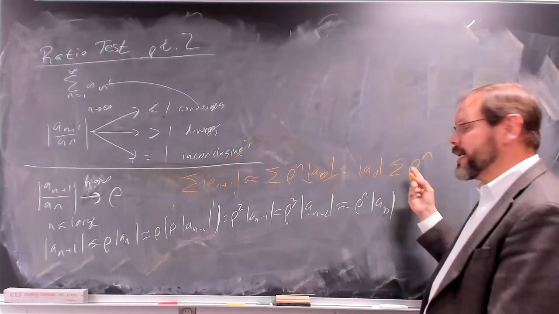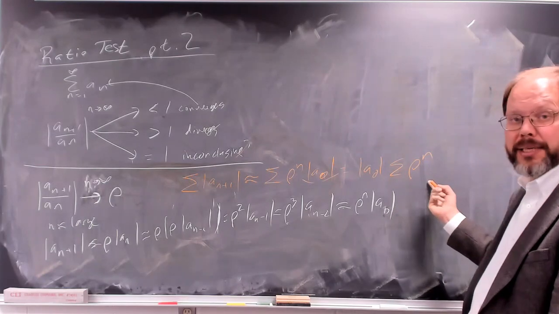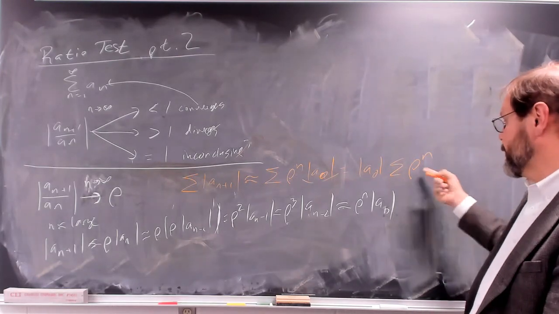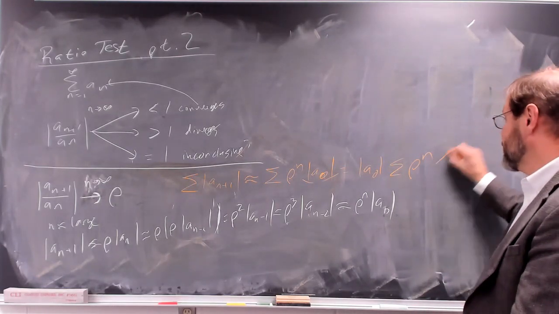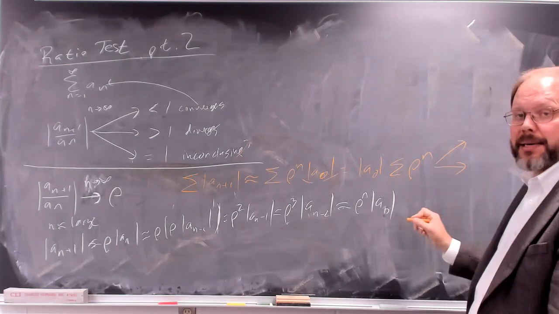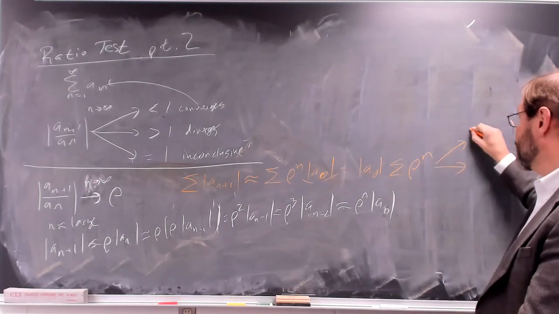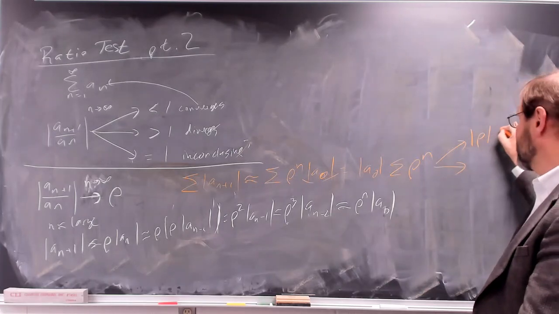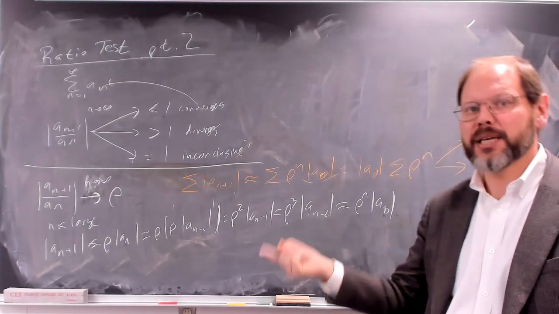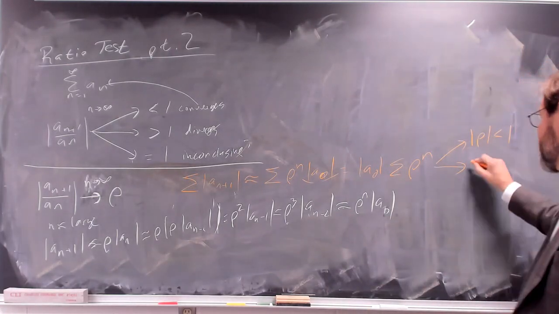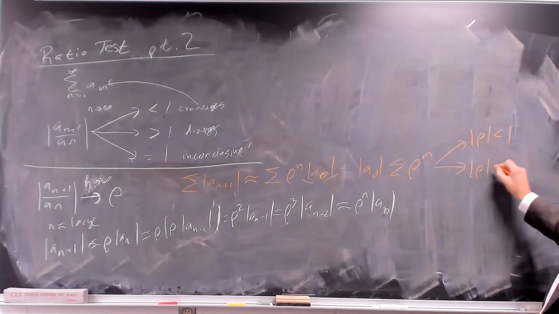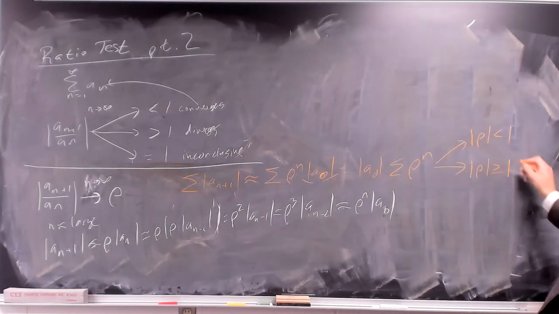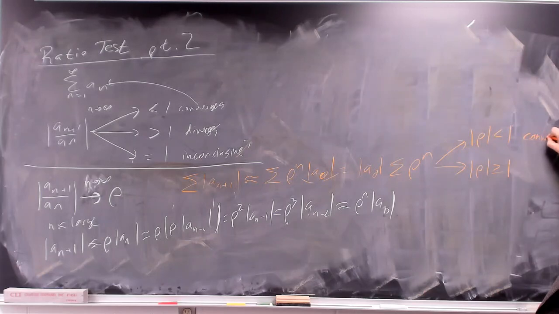And notice, this is just a number times what we call a geometric series. And we know about geometric series: they sometimes converge and sometimes diverge. We know if the absolute value of rho is less than 1, then this will converge. And if the absolute value of rho is greater than or equal to 1, it converges up here, and it diverges down here.